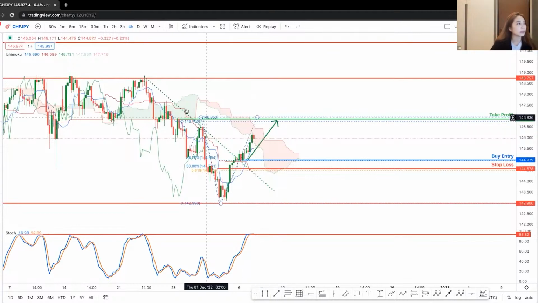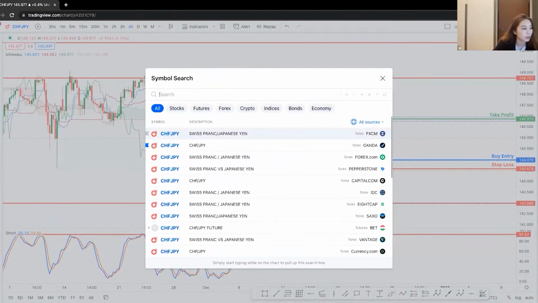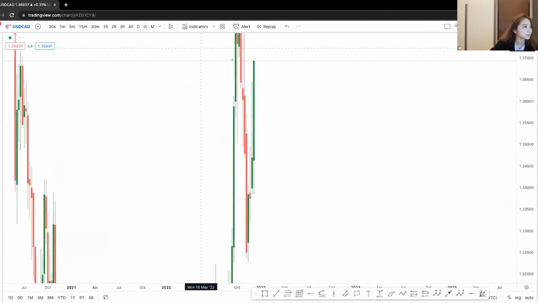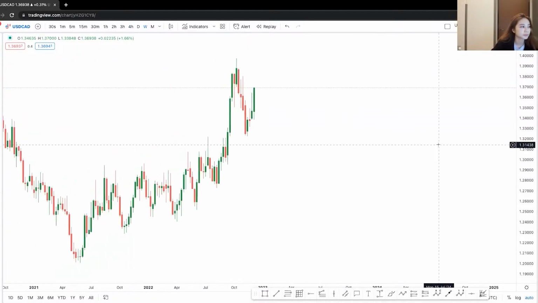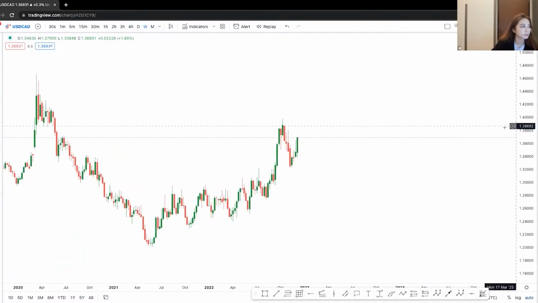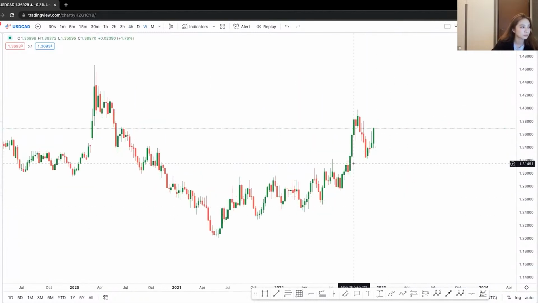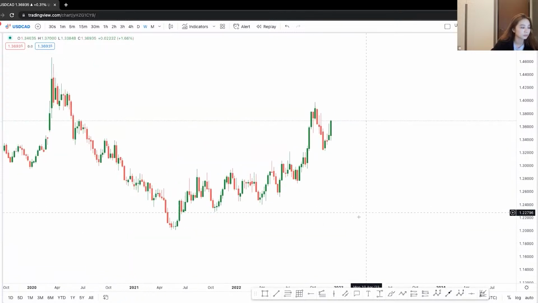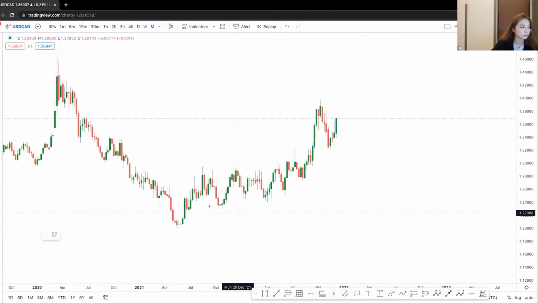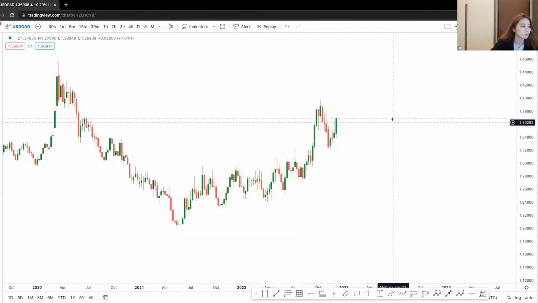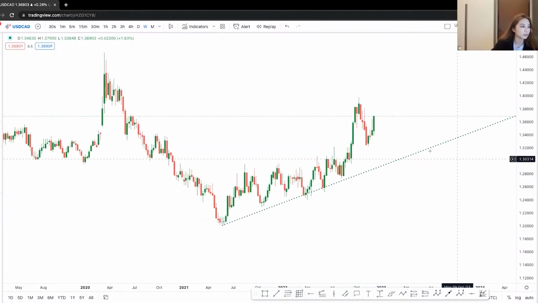Okay, let's look at another pair. Dollar cat it is. No particular channel or anything, but there is an upward moving slope.